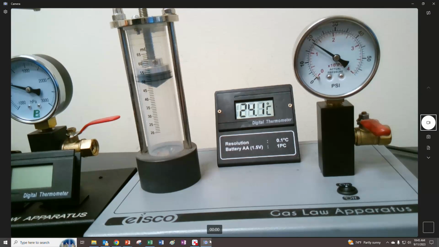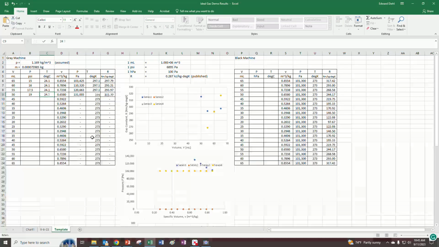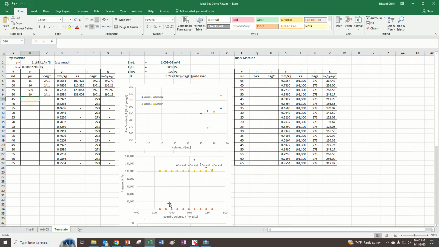Still no temperature change. Interesting. But it does look like we went up to 19. You could even, if you wanted to be careful, say 19 and a little bit. Let's just put in 19. And 24.1. So far, this is like an isothermal process.